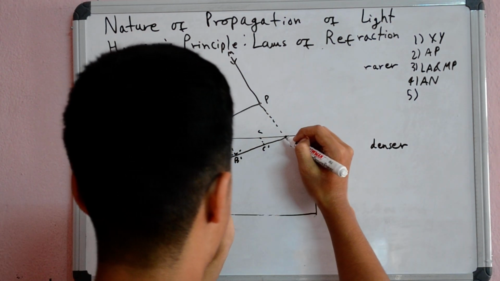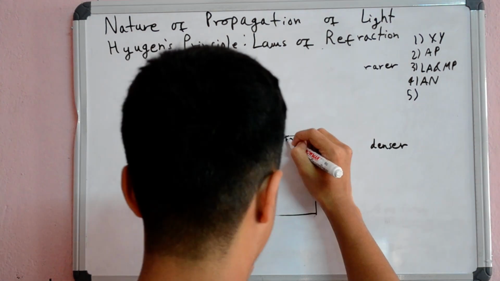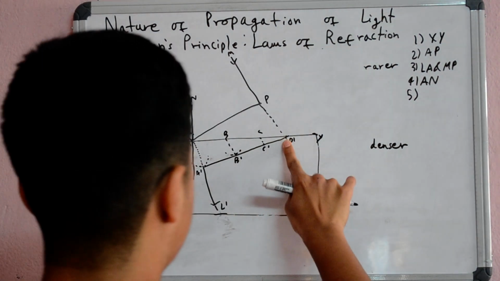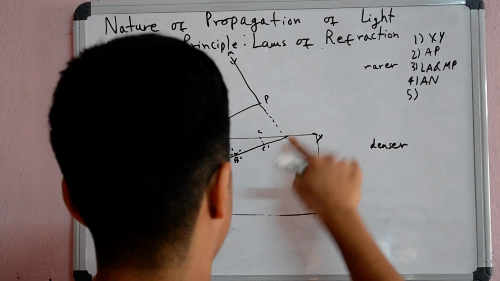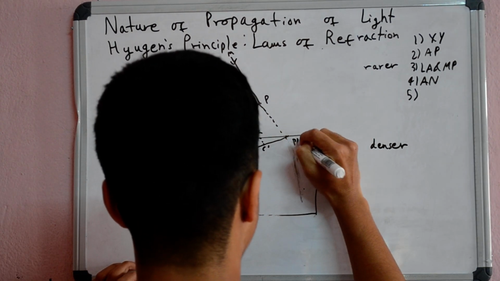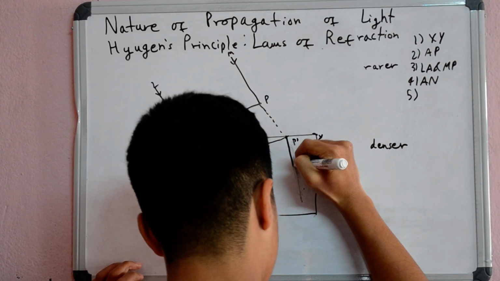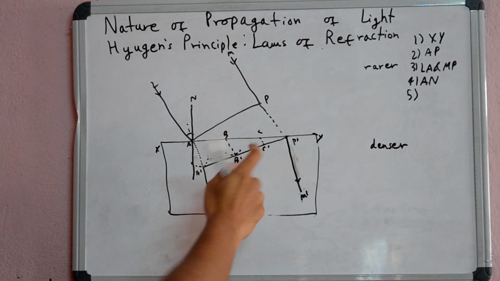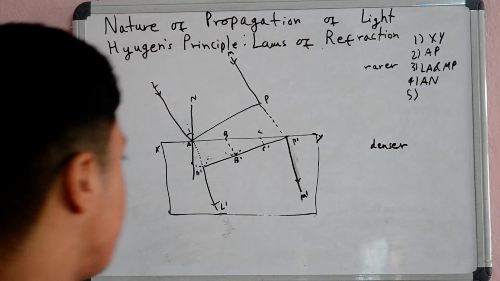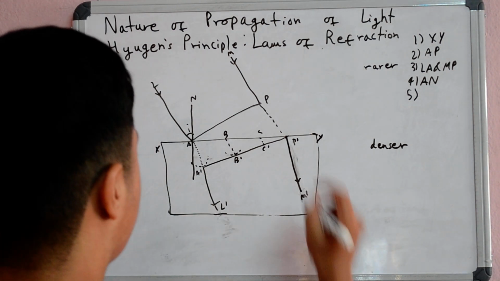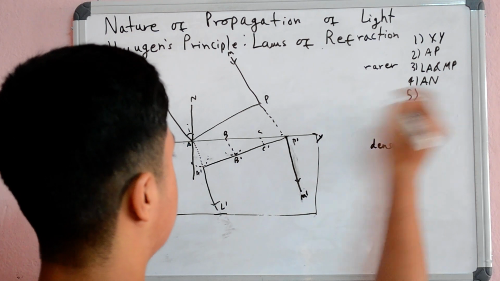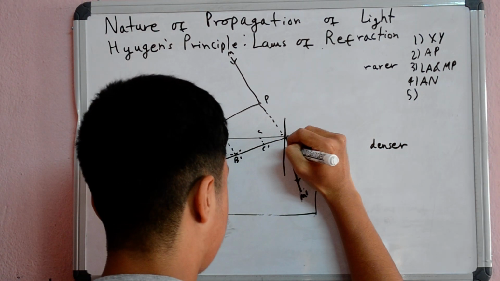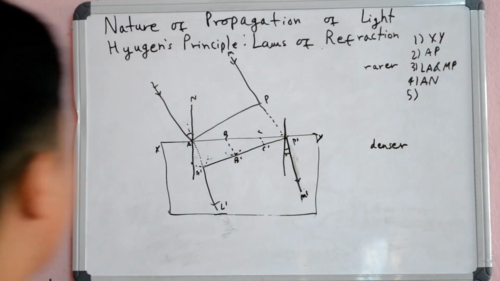So this should be parallel like this. P dash, I'll make it like that, right? These two seemingly parallel. Now here we have to draw our normal. So this is our refracting angle.